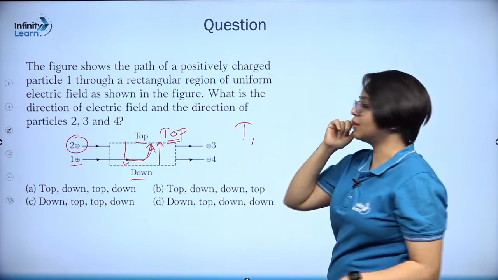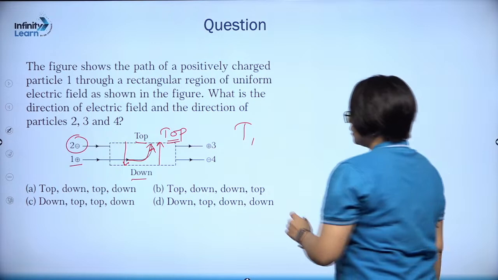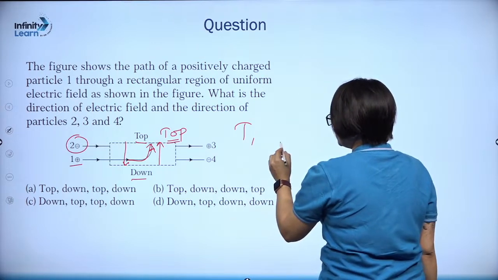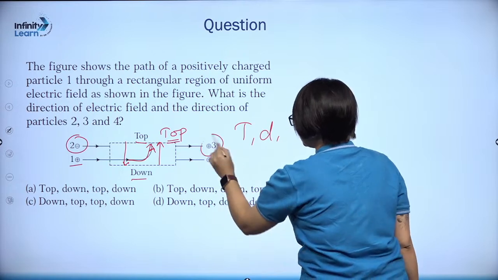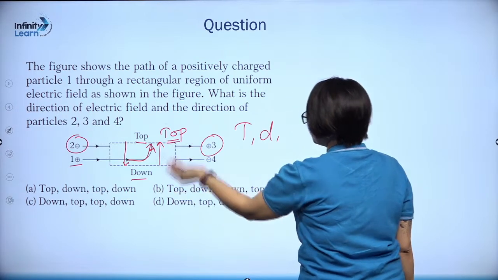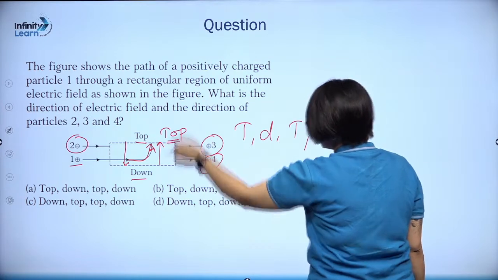Well done. Option A from Jayanti. Well done. So second will move towards down, then third particle is positive, so it will move towards top, and fourth is again negative, so it will be down.